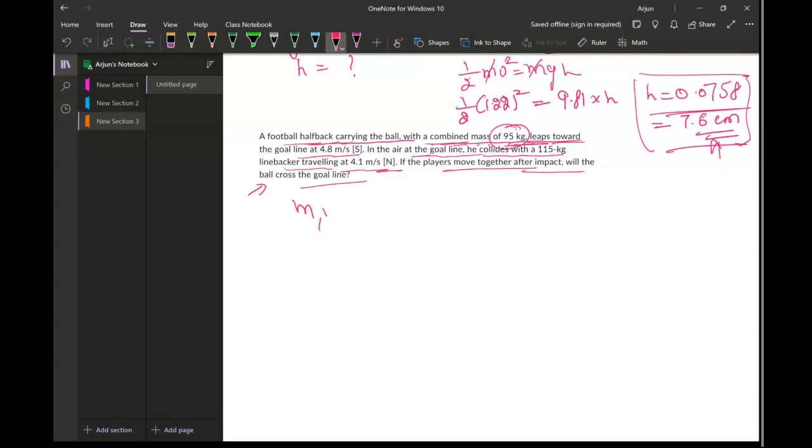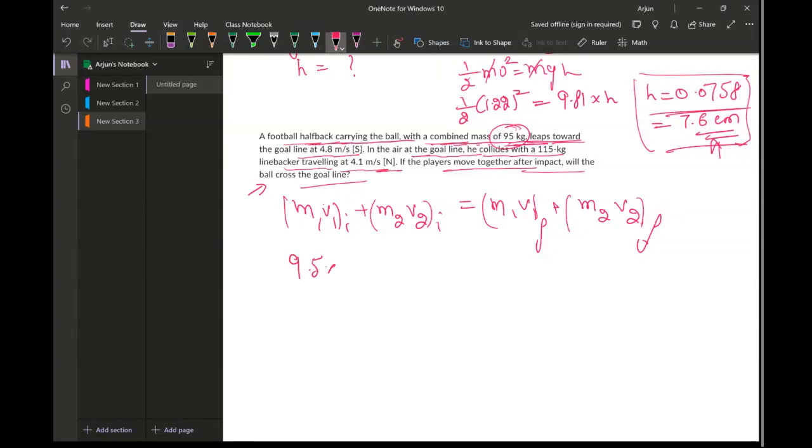So we will write the equation m1v1 plus m2v2 equal to m1v1 plus m2v2. And this is initial, this is initial, this is final, this is final. So this is 95 times 4.8 plus 115 multiplied by 4.1.